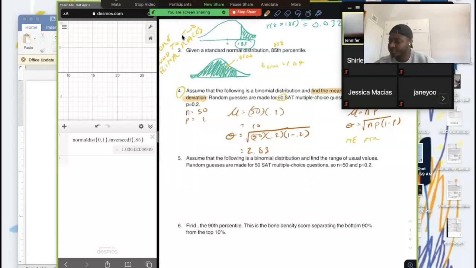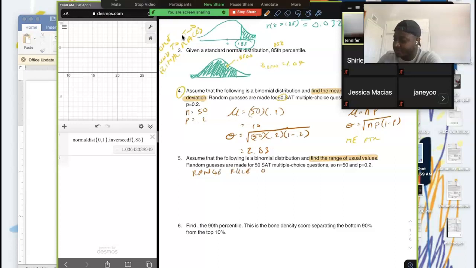All right, so if you remember from last time, assume the following binomial distribution. We want to find the range of usual values, which would be like the normal range of test scores. To do that, we have the range rule of thumb, which we used last workshop.